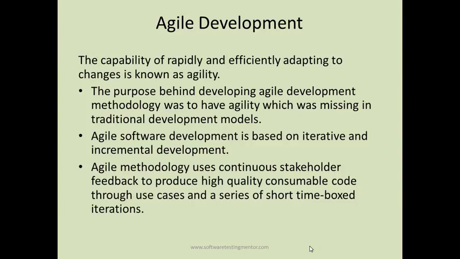So in agile development, whatever requirements have been implemented in the first sprint need to be regressed in the second sprint, and whatever requirements have been implemented in sprint 2 need to be regressed in sprint 3.